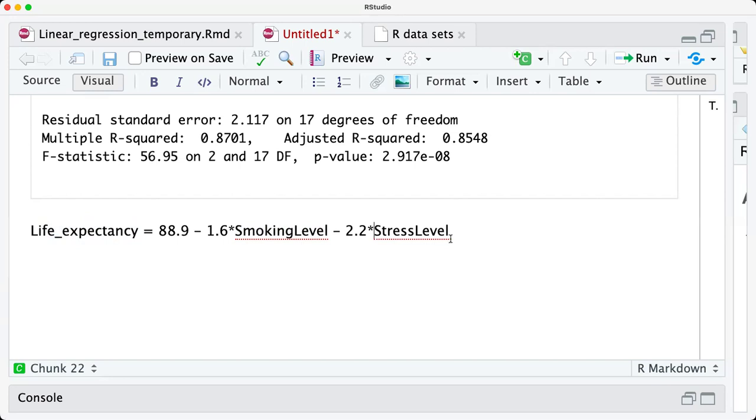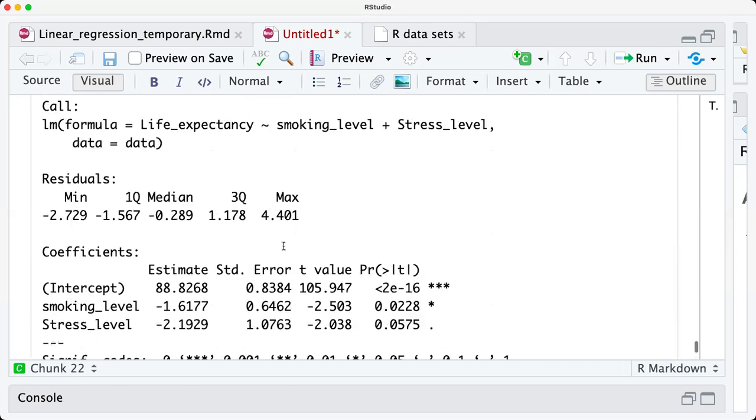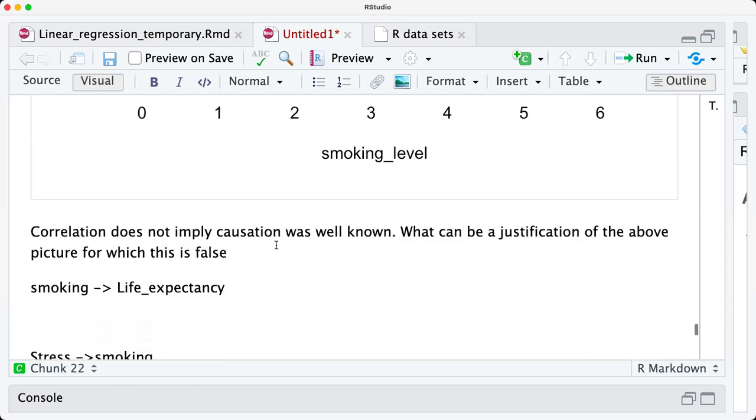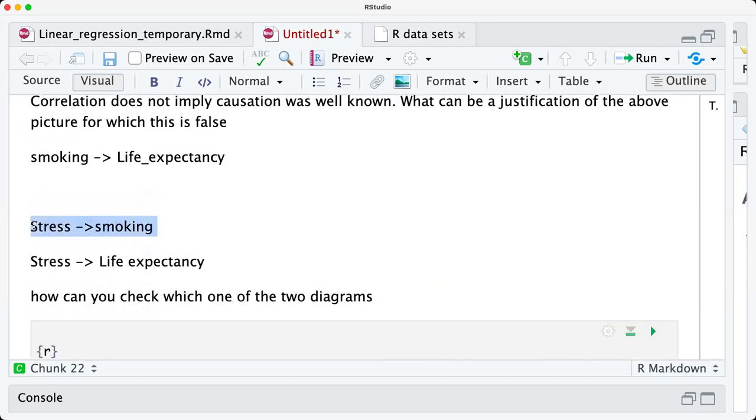So this stress level maybe explains the smoking level a little bit, but it doesn't explain the fact that the smoking level is explaining the life expectancy. So it's a hint in favor that there is still a causal relationship between smoking and life expectancy.